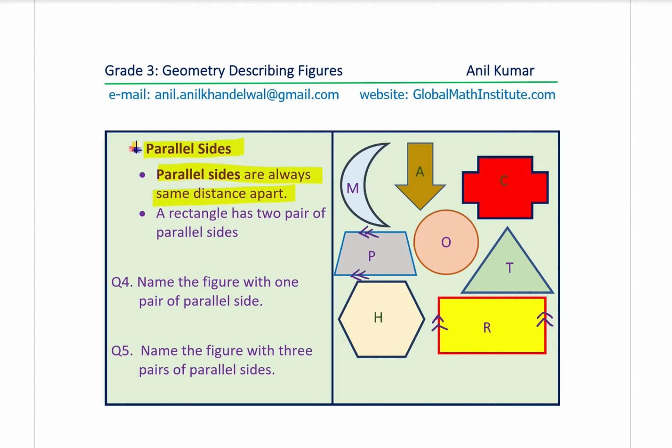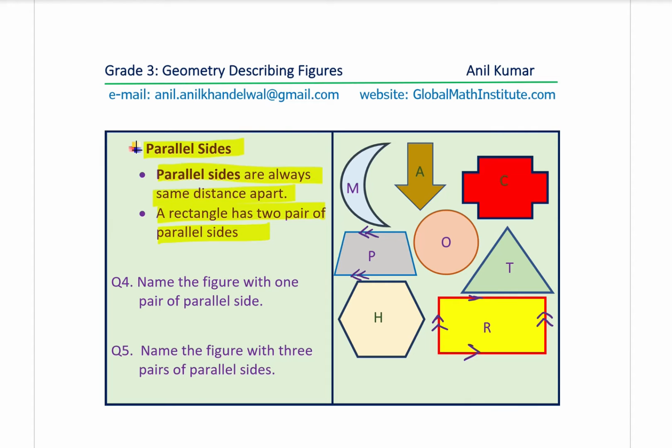You get an idea, correct? Now, here what we are saying is that a rectangle has 2 pairs of parallel sides. Is that so? Yes, the one which is vertical and also this, right? This is also parallel. So we have 2 pairs of parallel sides in the case of a rectangle, as you can clearly see.